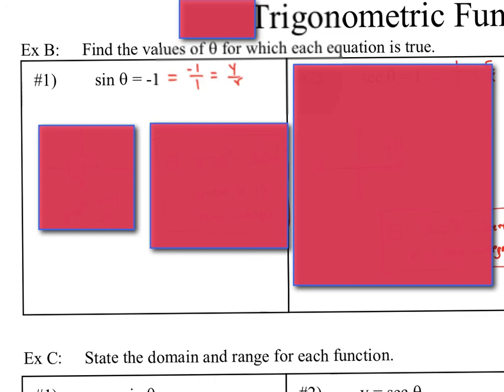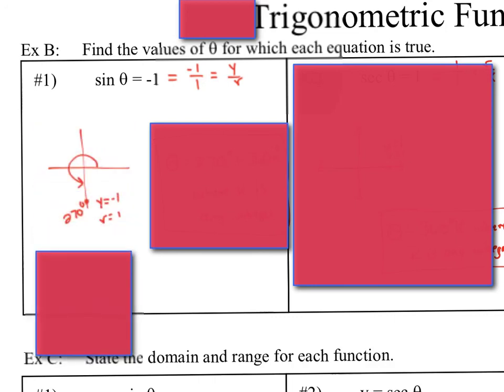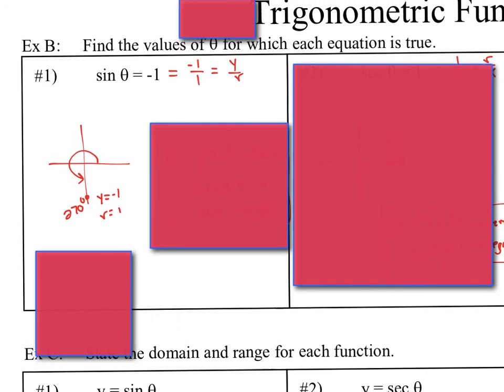If you draw that, the only place that could happen in the coordinate plane where y is -1 and r is +1 is at 270 degrees, or you could say at -90 degrees, or you could say at 270 plus 360 degrees. That location happens lots of times, going around and round and round.